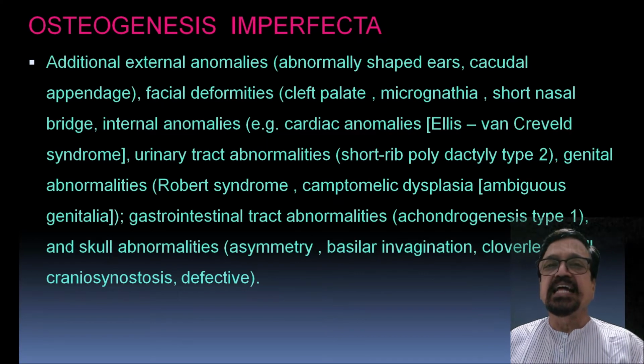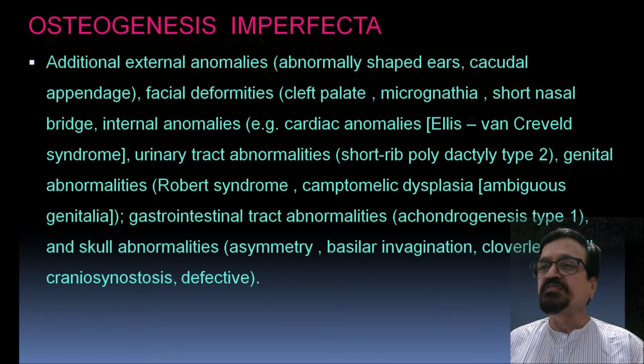Let us continue ahead. Then additional external anomalies refer to abnormally shaped ear, caudal appendages, facial deformity, cleft palate, micrognathia, short nasal bridge; internal anomalies such as cardiac anomalies, that is Ellis-van Creveld syndrome; the urinary tract abnormalities like short-rib polydactyly type 2; and genital abnormalities, that is Roberts syndrome, campomelic dysplasia; gastrointestinal tract abnormalities, achondrogenesis type 1; and skull abnormalities, that is asymmetry, basilar invagination, cloverleaf skull, and craniosynostosis.